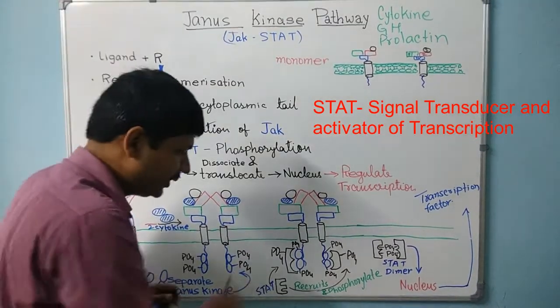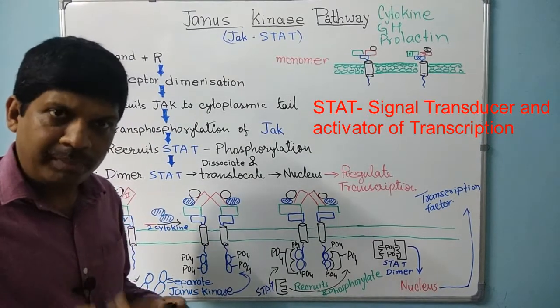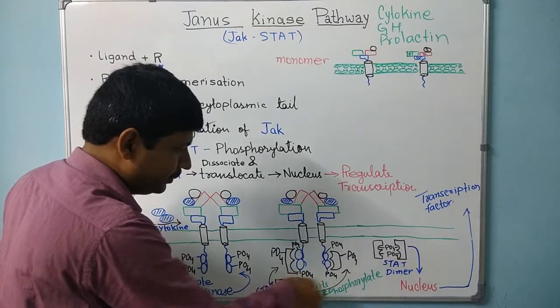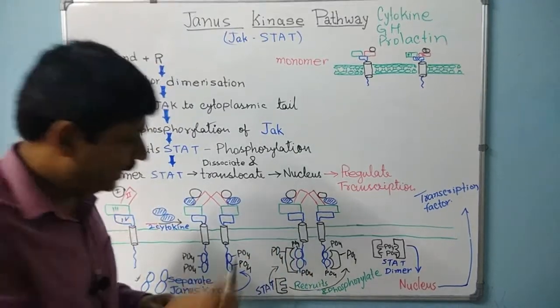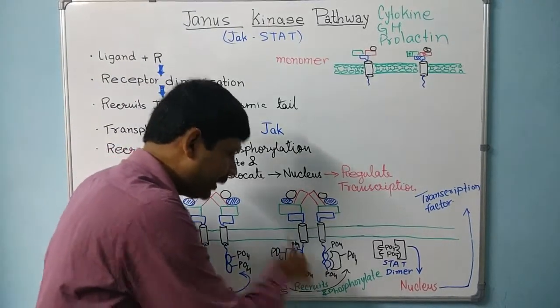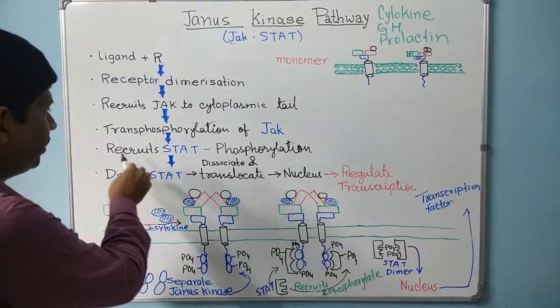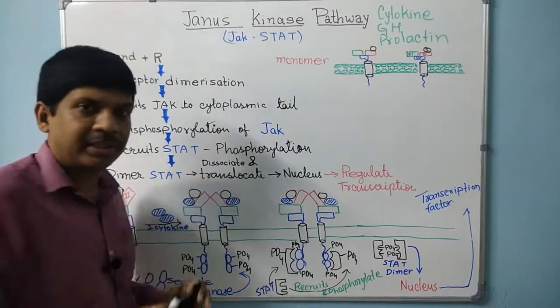You will find the full form in the description box. STAT comes and binds to the Janus kinase, and then it gets phosphorylated by Janus kinase. So STATs are recruited and then phosphorylation occurs.